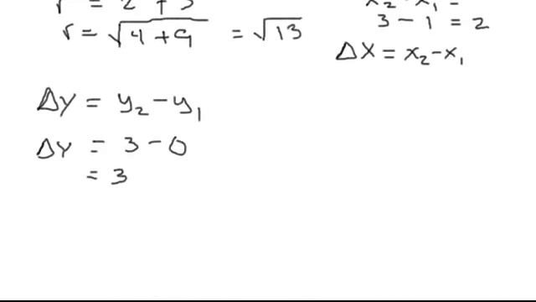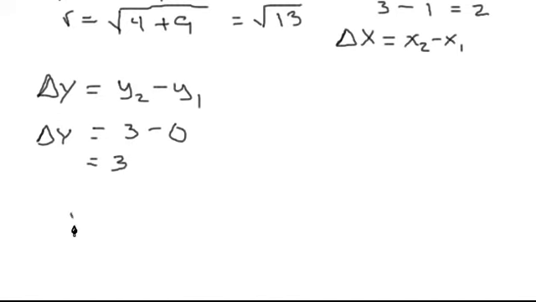Alright. So what we're going to want to do, alright, so we're now using this formula, delta x squared plus delta y squared. In other words, the change in x squared plus the change in y squared. And of course, we'd need to square root this.